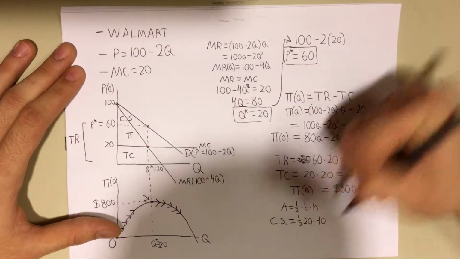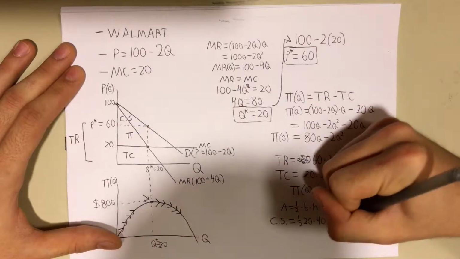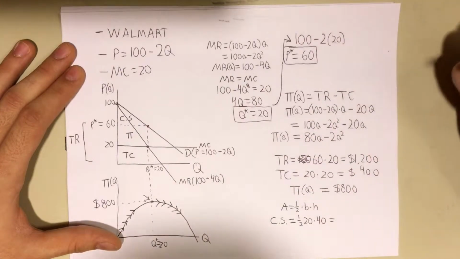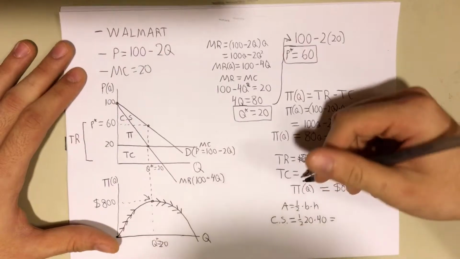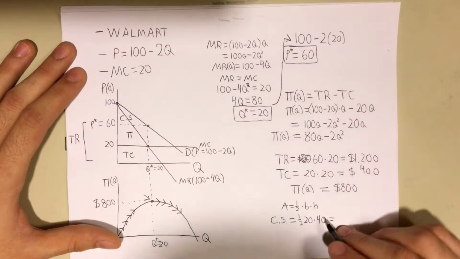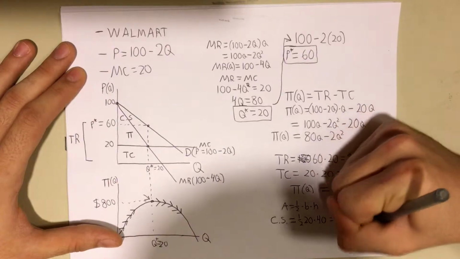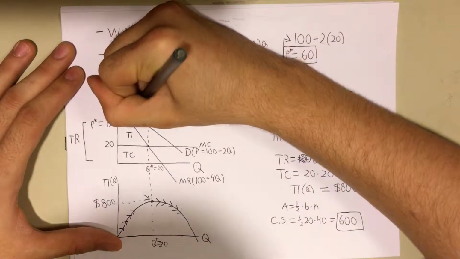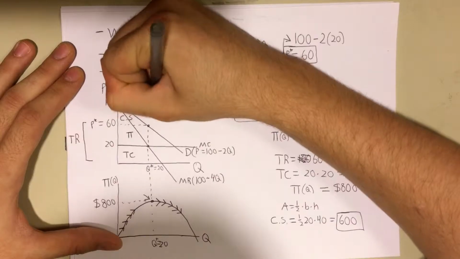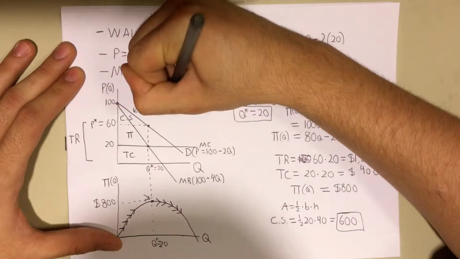Kind of what consumers are saving in this scenario, or how much more they're willing to pay. So after this, we find it to be a $600 surplus, represented by this triangle right here.